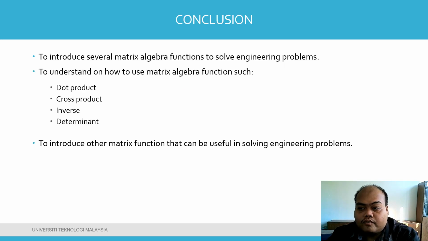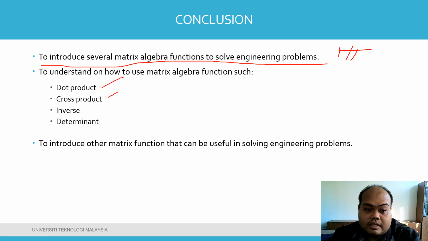That's it for today. We have concluded chapter 9. We have learned, I have introduced several matrix algebra functions to solve engineering problems. I showed you the dot product, of course the cross product, the inverse, and lastly the determinant.